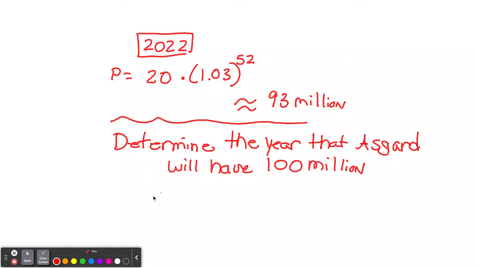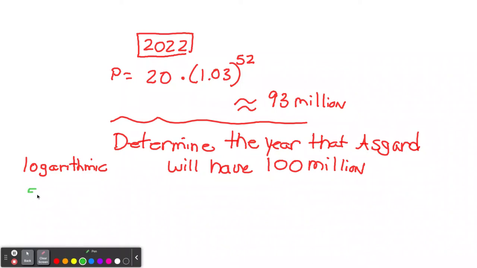But let's get it exactly. In this case, we're going to use a logarithm. And what we're going to do here is say the base is the percentage, right, 1.03. Let me give you an example here, and then we can erase that.